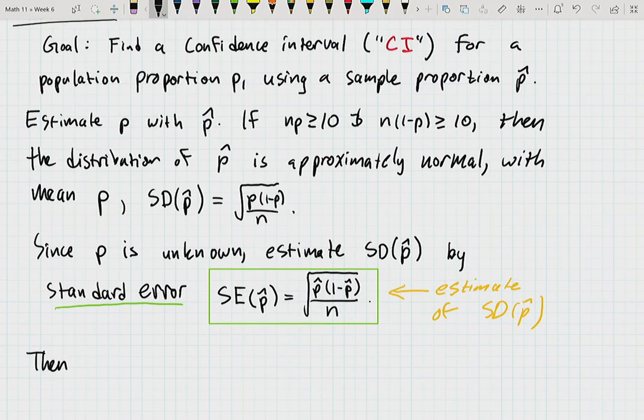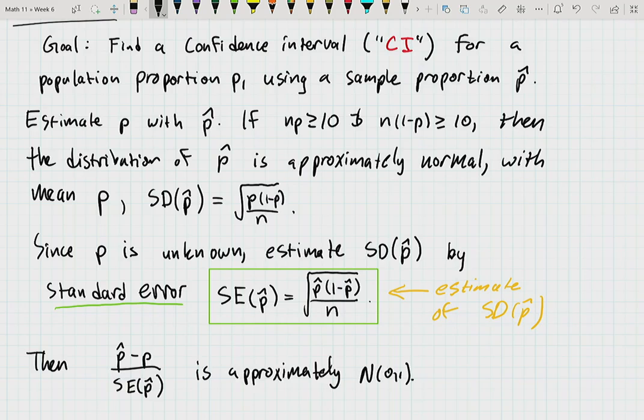So now that we have this sample mean and it's approximately normal, we can standardize it, like I was doing in the example before class. So p hat minus p over the standard error. I know there are multiple approximations being made here, but this is then approximately a standard normal.